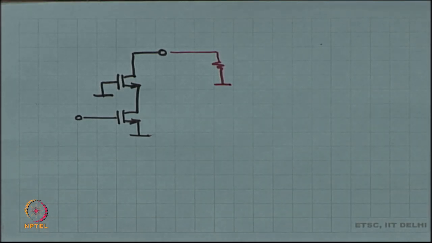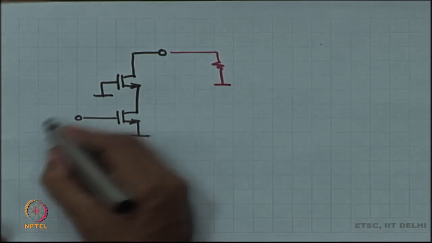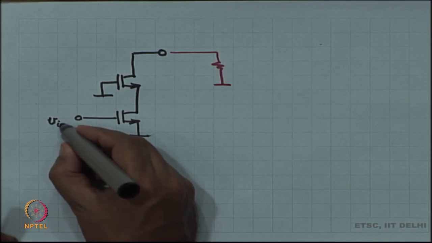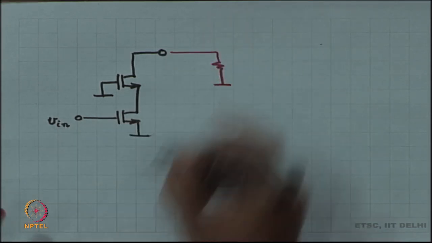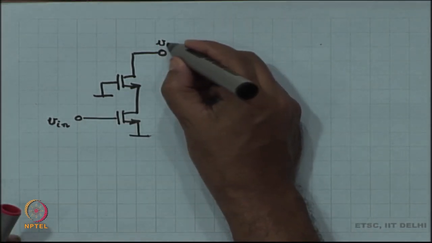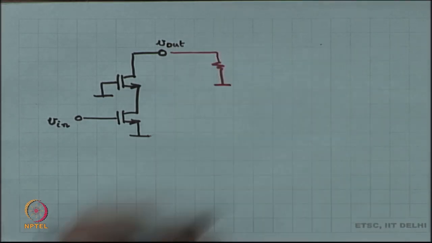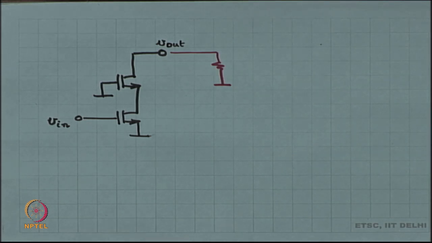So, the way we work in this course is using the Norton equivalent method. And what is the Norton equivalent method? It comprises of two things, evaluating a short circuit current and evaluating an output impedance.